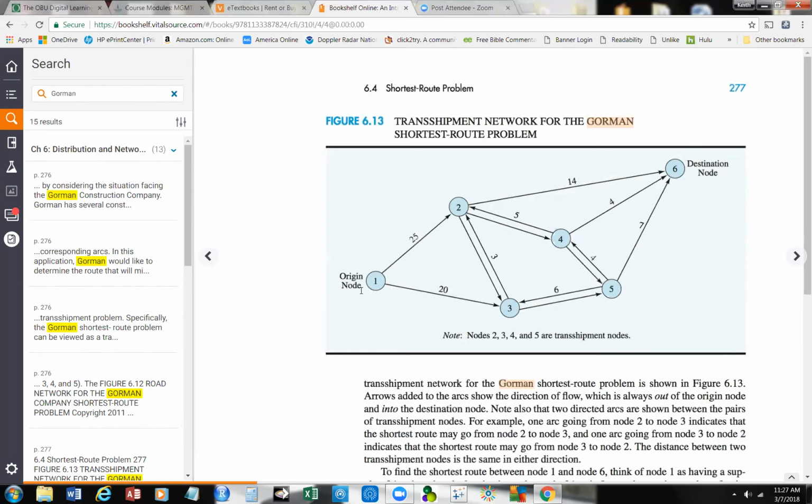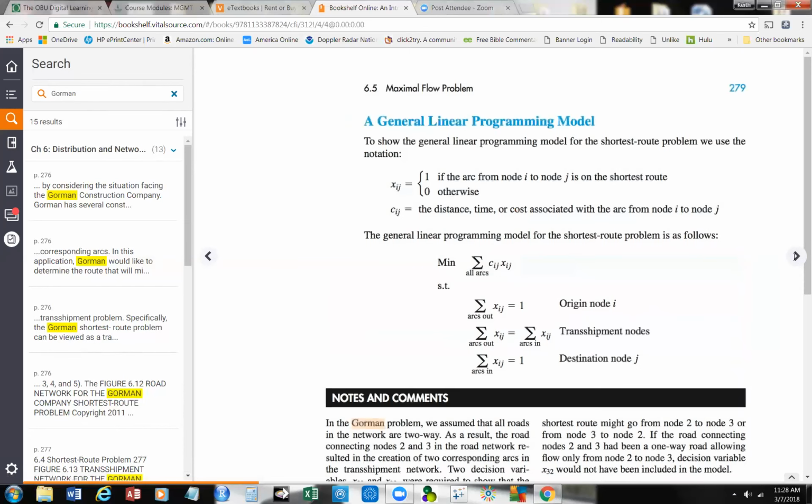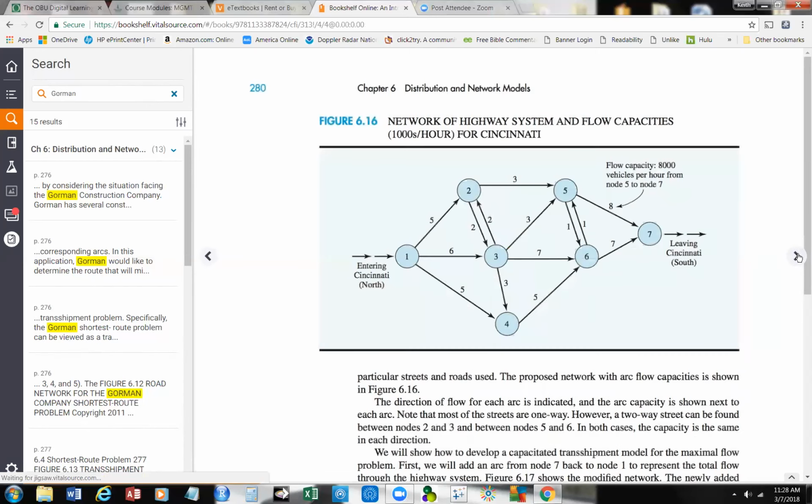Everything's coming out of the origin, everything's coming into node 6, and you see these interactions between these middle nodes. This is a pretty standard type of transshipment problem. And then they walk us through the linear programming for that. We're going to minimize, and then using the general linear programming model, again reminding us of that.